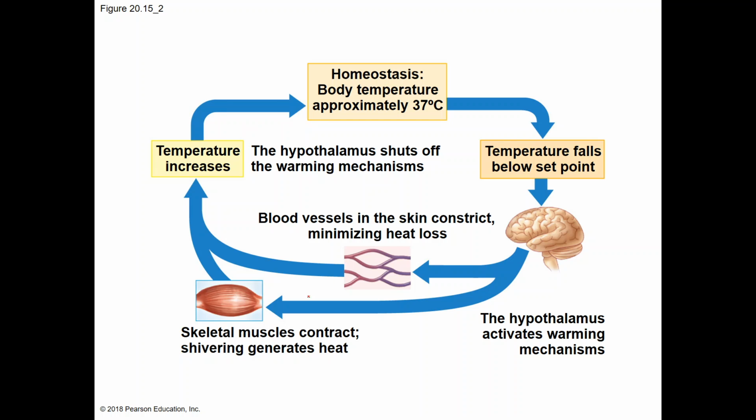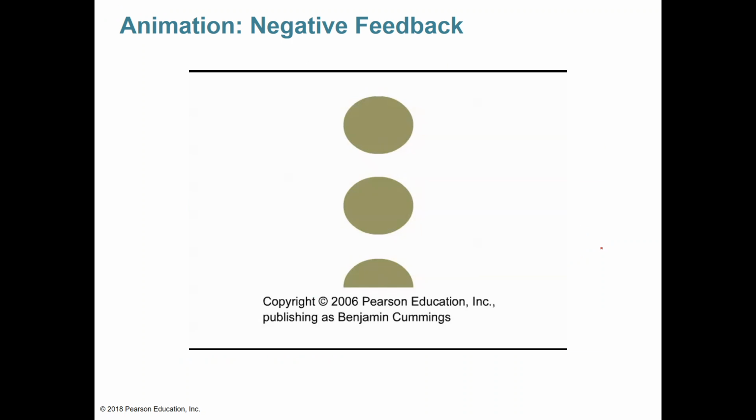It also will cause some muscle contraction like shivering that helps to generate heat, and that will help to increase body temperature. So again, temperature below a certain point is what triggers this negative feedback response. It causes something to happen in the opposite direction to cause the opposite condition. So temperature falling causes reactions that will trigger the body to react in a way that increases temperature. That's what we mean by negative feedback.